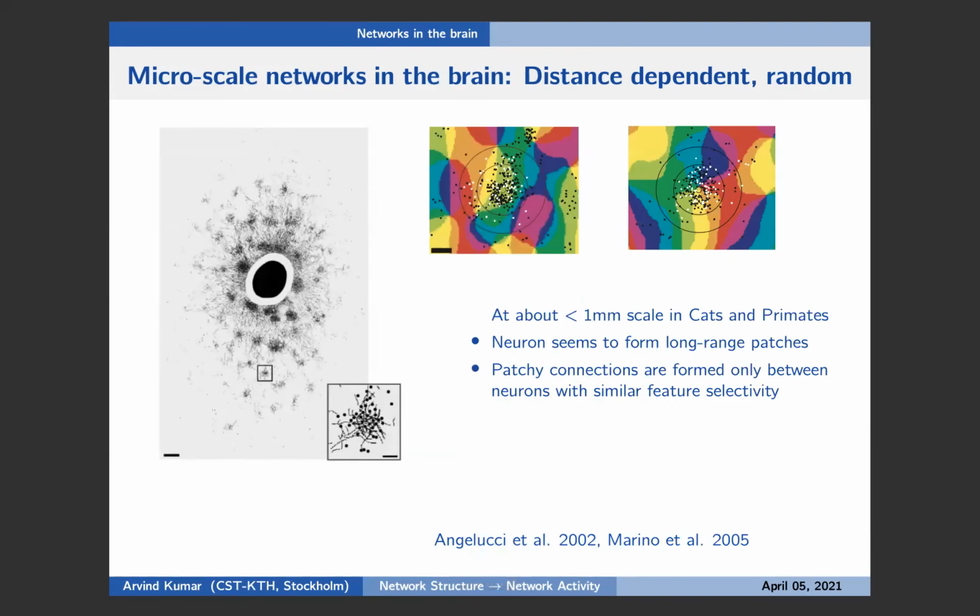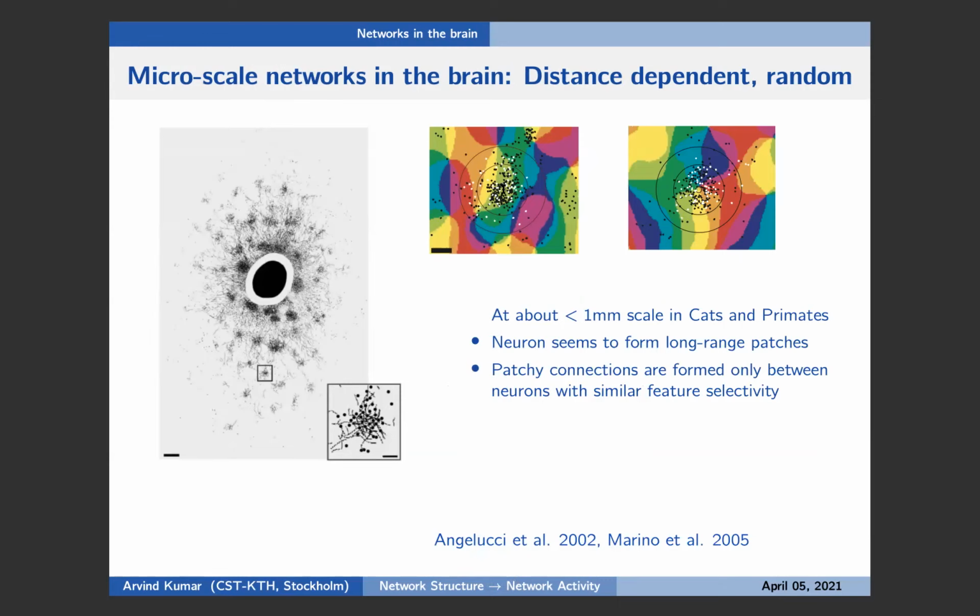There's another structure at this scale. First of all, just a quick reminder that neurons seem to be, at least in certain mammals and primates particularly, organized in the early visual system in these pinwheel patterns, where there are domains where neurons seem to have a preference for a certain kind of orientation.